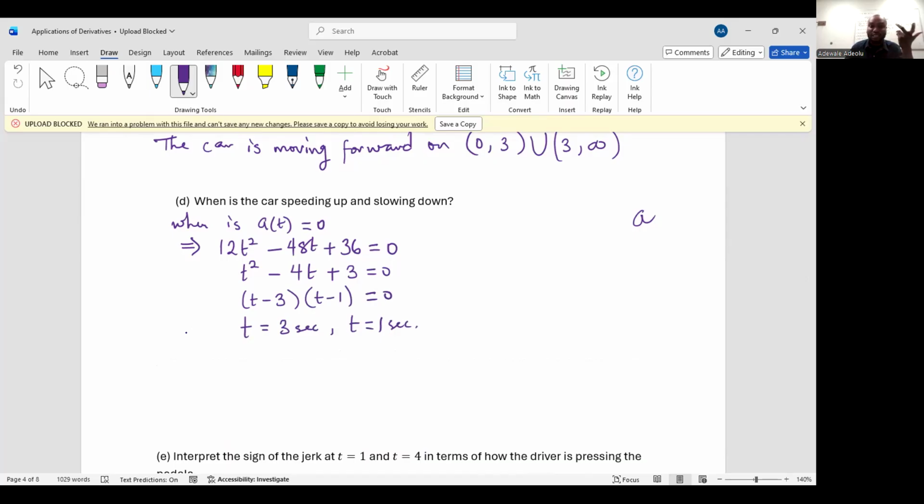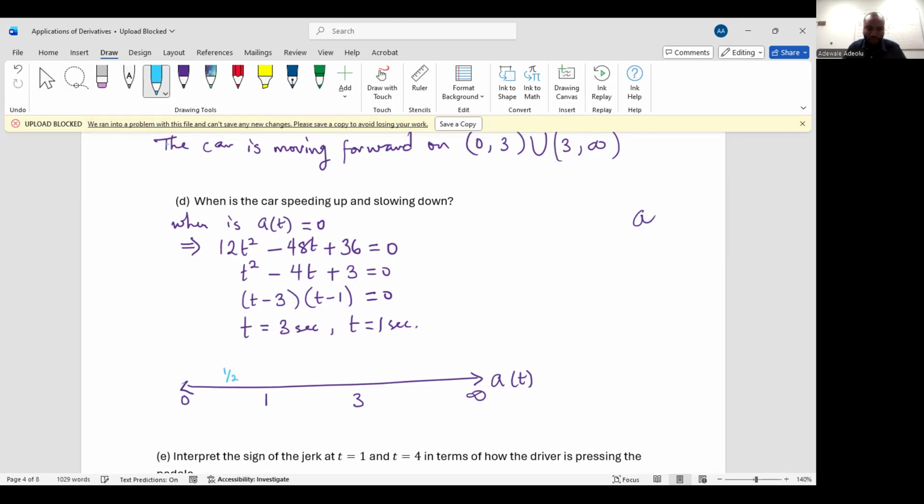Okay, now let us answer our question. We want to know, when is the car speeding up and slowing down? Now again, we do a sign test for acceleration. Now we know when it is not accelerating at all. That is at 1 and at 3. This is 0, then keeps going. So again, what do we do to test? Pick points.